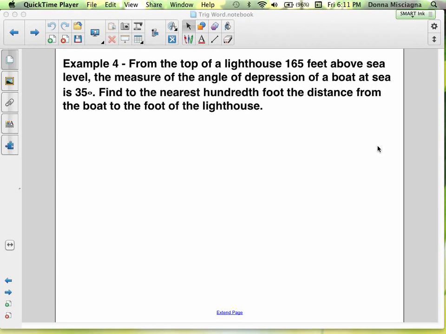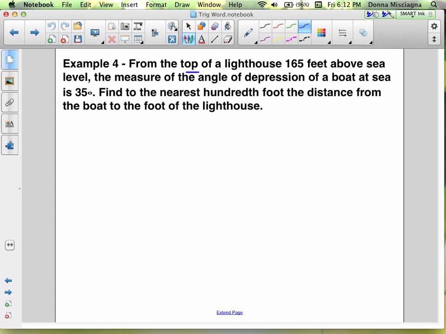The first thing you want to do is draw a picture, and interpret everything very carefully. So we have a lighthouse 165 feet above sea level. The top of the lighthouse is 165 feet above sea level. That's the height of the lighthouse.